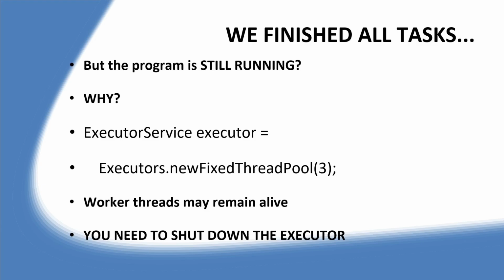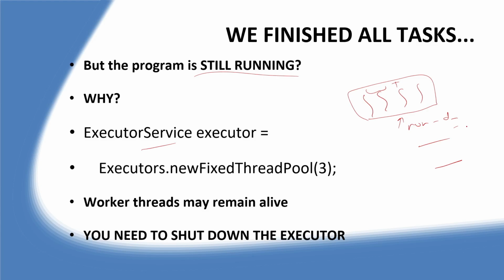Those worker threads are normally non-daemon threads. So the executor service will create worker threads, and even if all tasks are completed, these are treated as non-daemon, and the JVM will not terminate. The program will still be running.